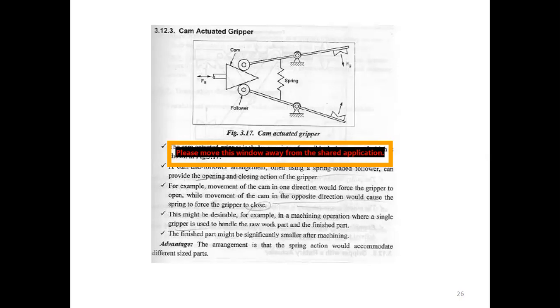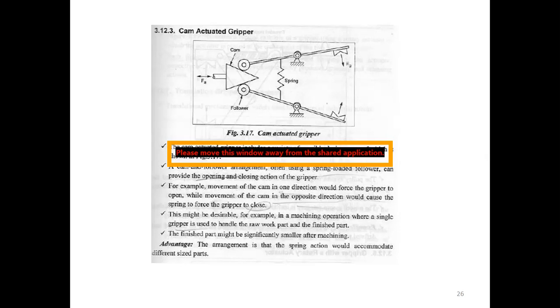The spring is incorporated for forcing the gripper to close. If the cam is moved in one direction, the movement of the cam in the other direction causes the gripper to open. The cam mechanism used for finger movement by translation is generally actuated by a rotation actuator.